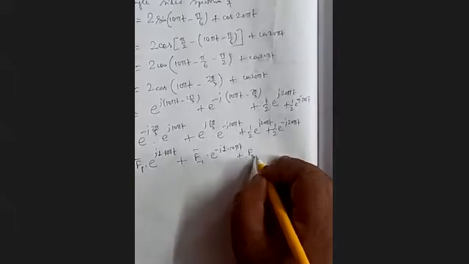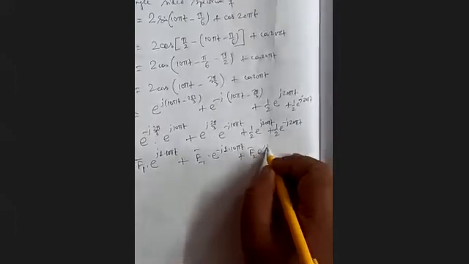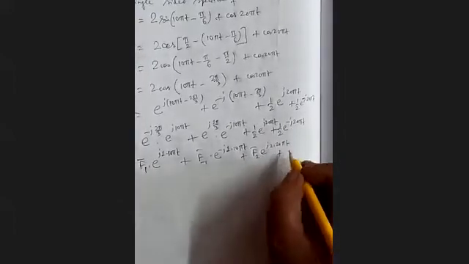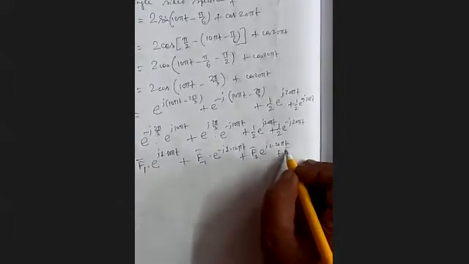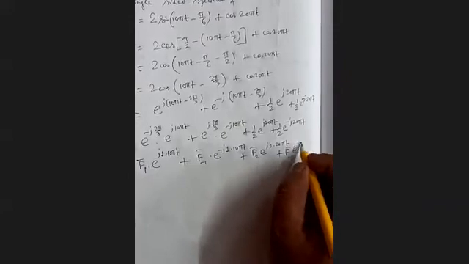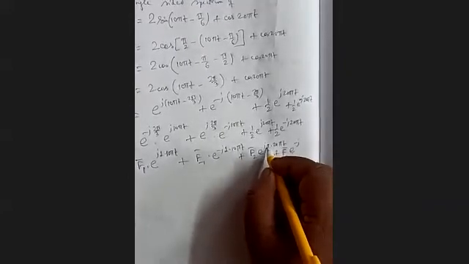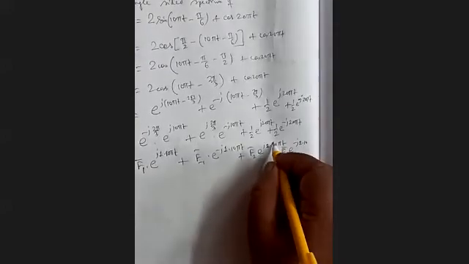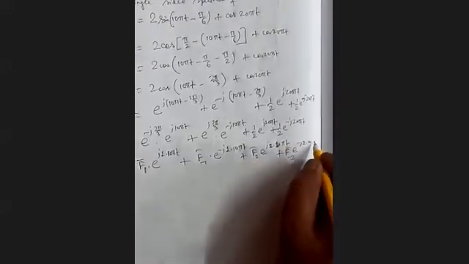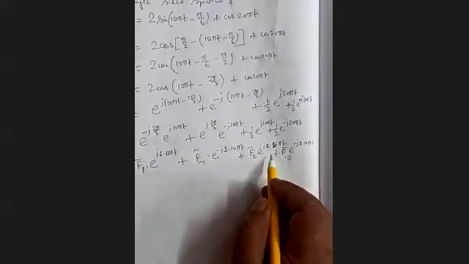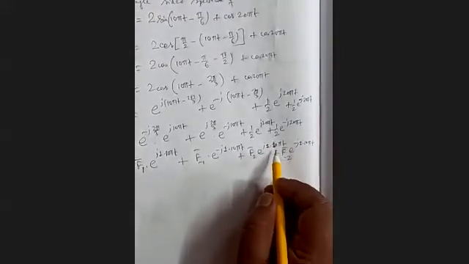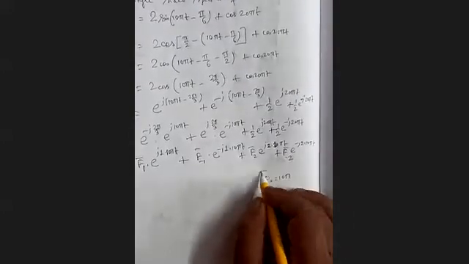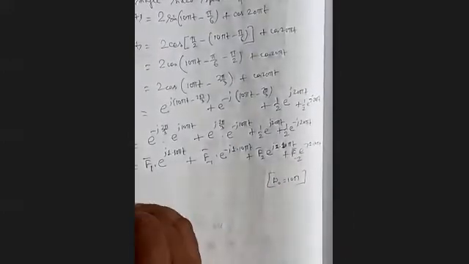So it is F2 bar e to the power j 2 into 10 pi t, plus F minus 2 bar e to the power minus j 2 into 10 pi t. So omega 0 is the fundamental frequency here. Omega 0 equal to 10 pi.